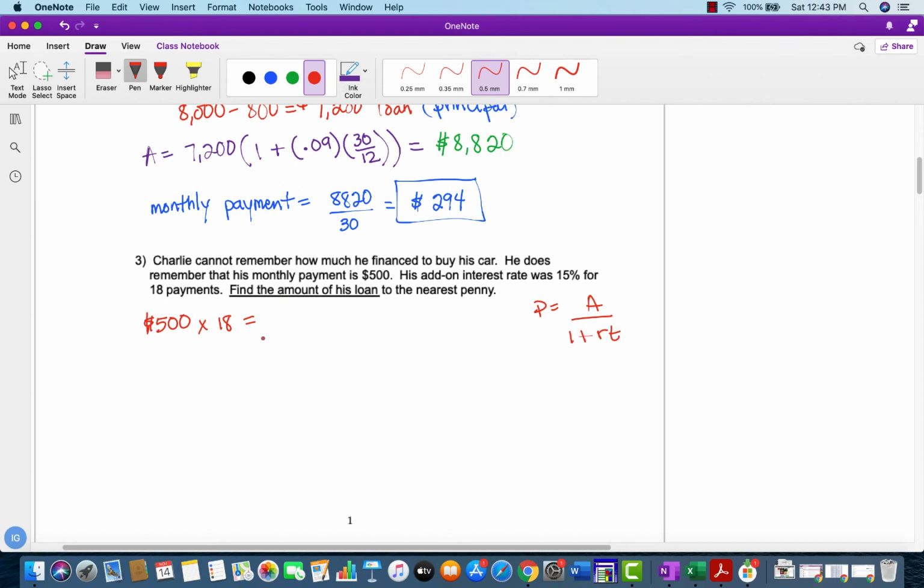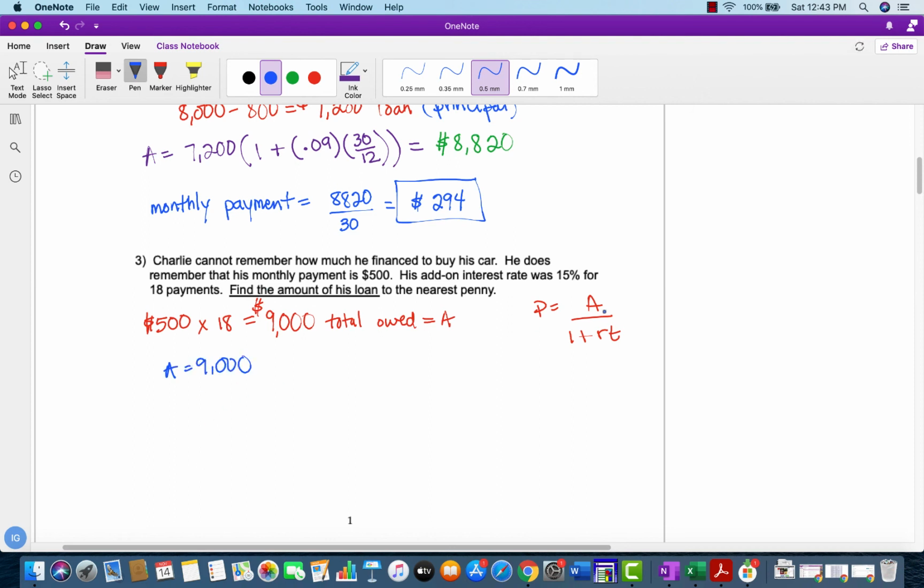So multiply this, and that is $9,000 was the amount, the total amount owed, or your A, basically. So A is equal to 9,000.